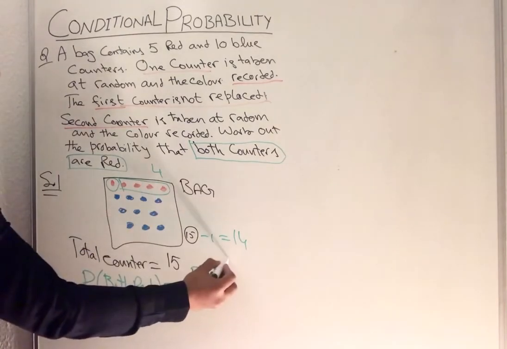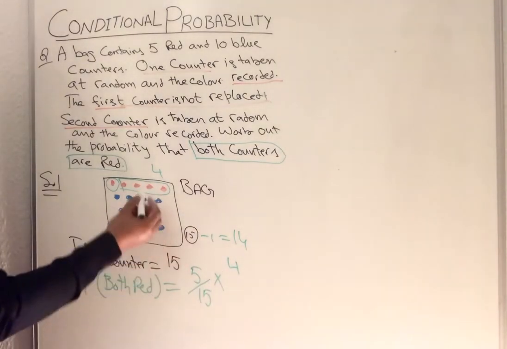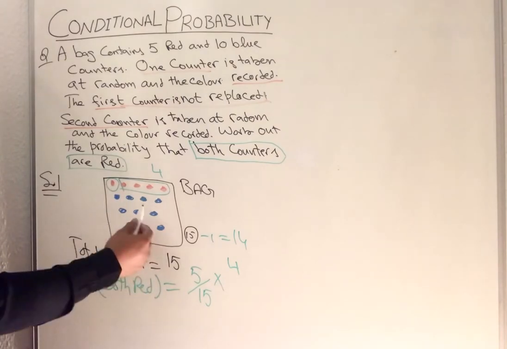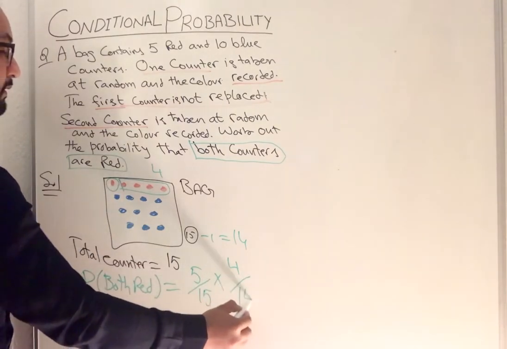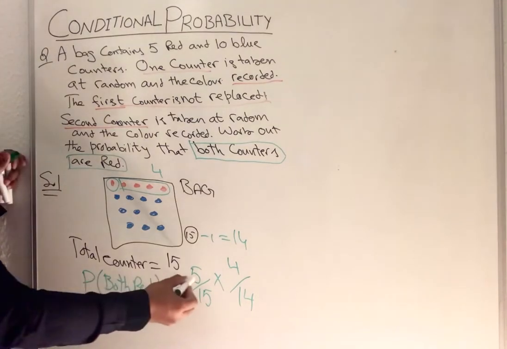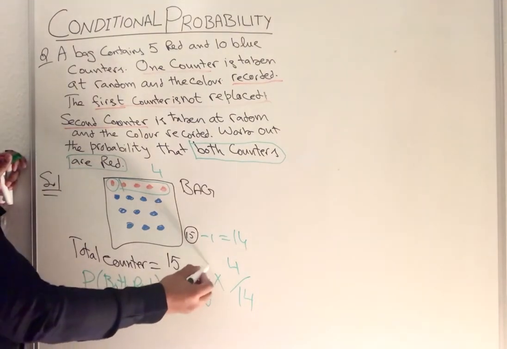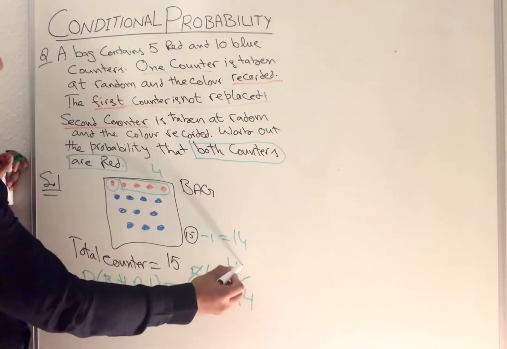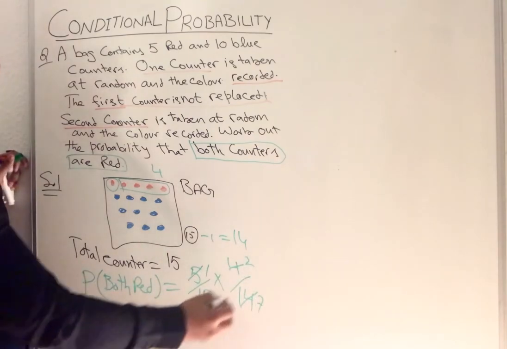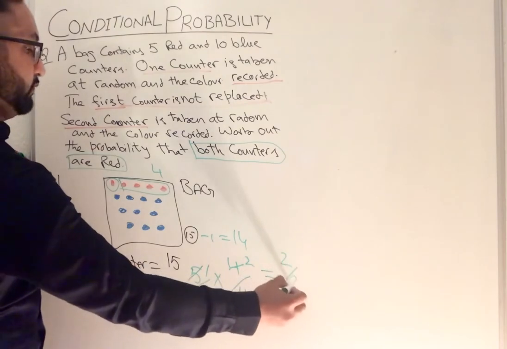So the second counter, when you take it out, there are going to be 4 possible chances out of 14. Then you have to multiply and find the answer. You can simplify that one. So 5 ones are 3, 4, 2 are 7. So that becomes 2 over 21.